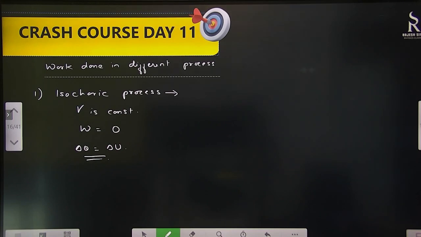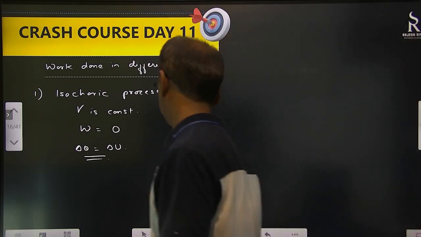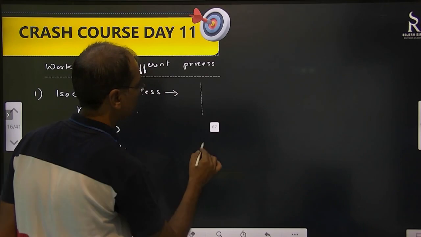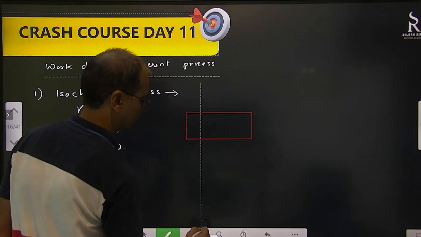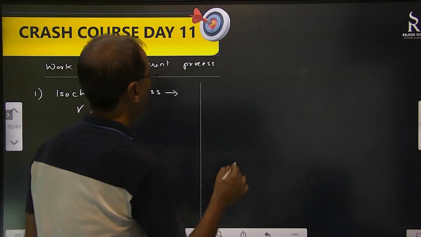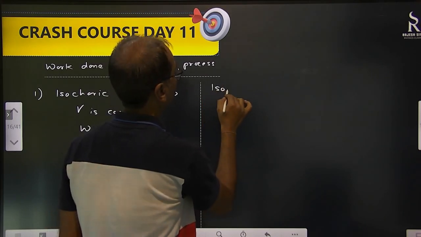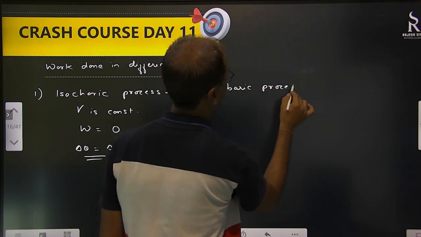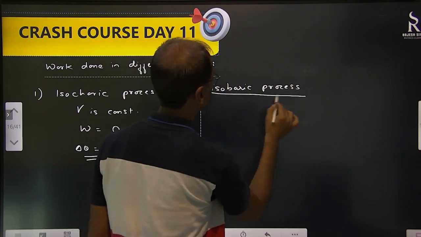Then we'll go for the isobaric process. What happens in isobaric? In the isobaric process, pressure is constant.